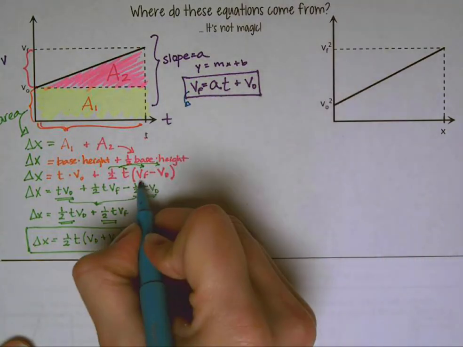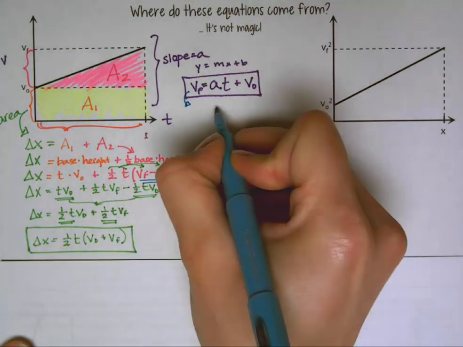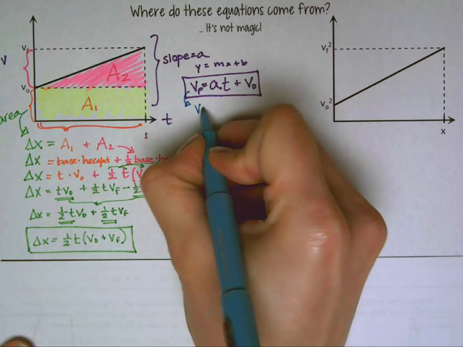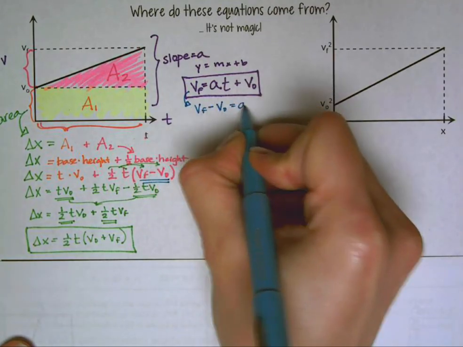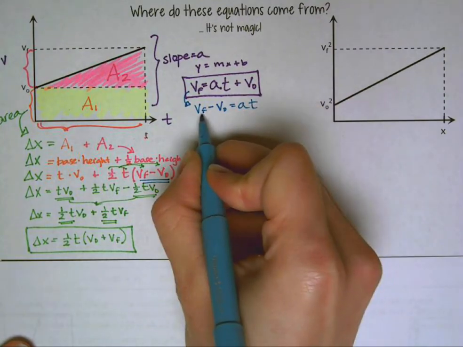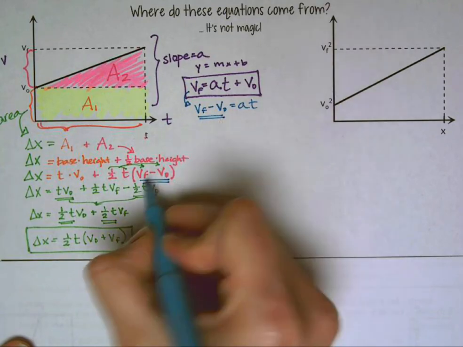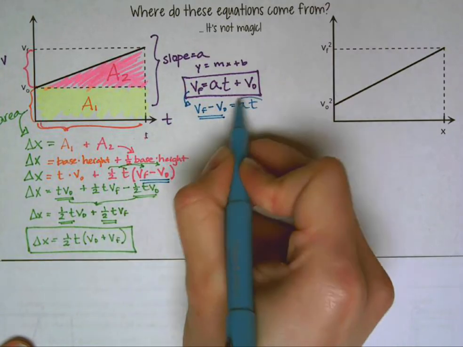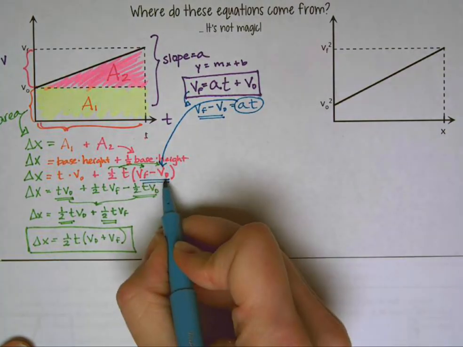I notice that I have this vf minus v naught here. If I rearrange the variables, subtracting v naught from both sides, vf minus v naught is equal to at. So I can substitute at in for vf minus v naught.